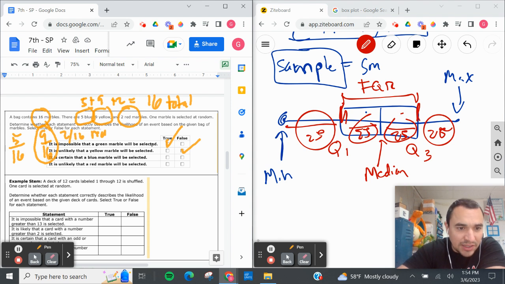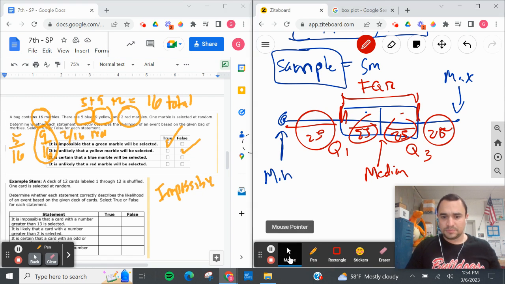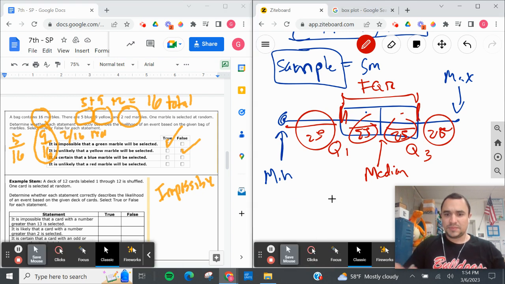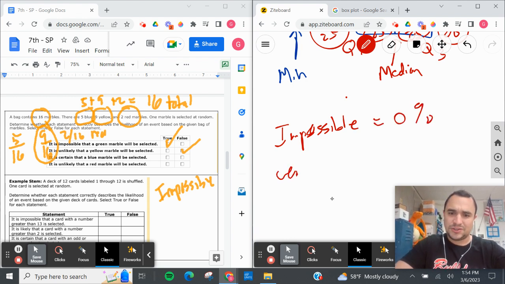It is certain that a blue marble will be selected. Remember, impossible is 0% chance. Certain is 100% chance.